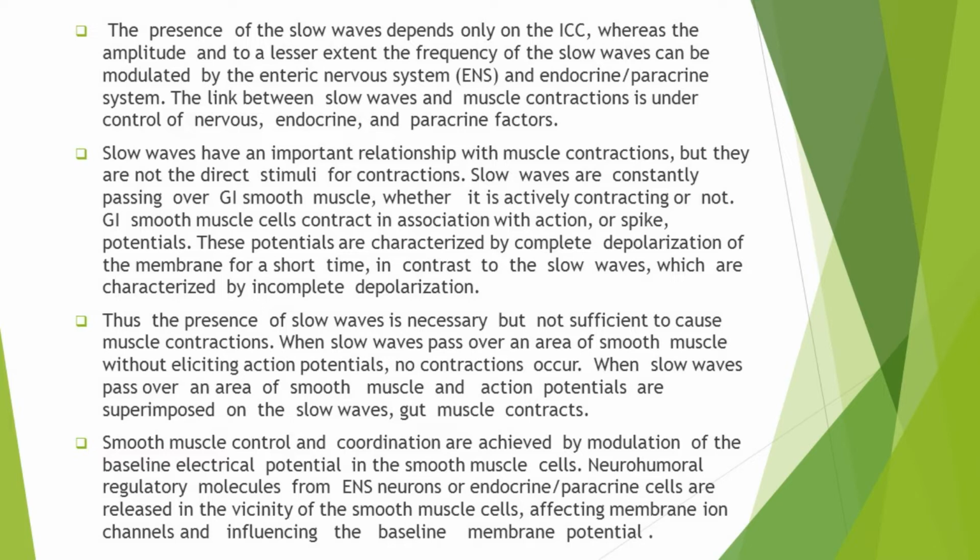So this action potential is produced by the modulation of slow waves, and that modulation of slow waves is caused by the enteric nervous system and endocrine and paracrine factors.